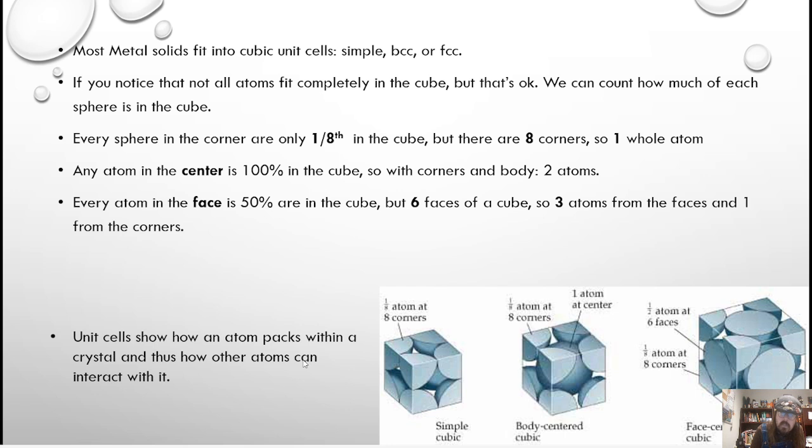And each unit cell shows how these atoms pack within the crystal, and thus how other atoms can actually interact. You'll notice that the hole right here between these atoms is very small, but there's a very large gap where these atoms come together. This hole right here between the 4 corners is a little bit bigger, but only because this atom is taking up space here.